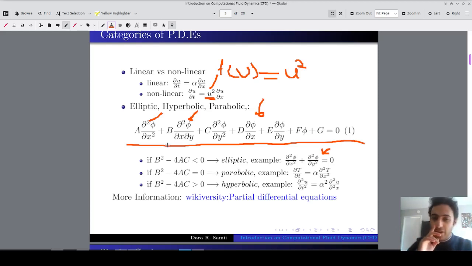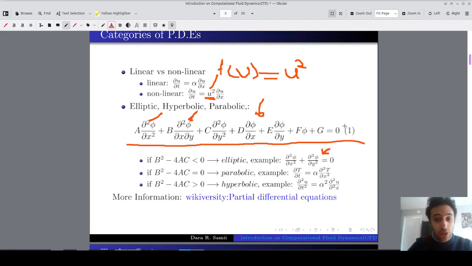This can be done in the other categories as well. If b squared minus 4 times a times c equals 0, we call it parabolic. For example, most transport phenomena, such as conduction. For example, we have an unsteady one-dimensional conduction heat transfer equation here.